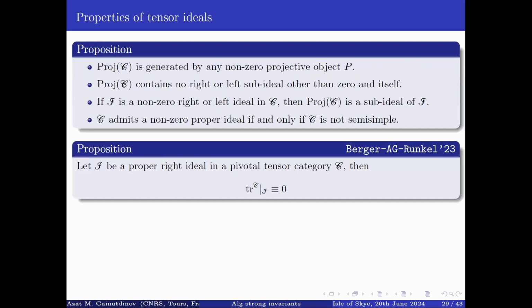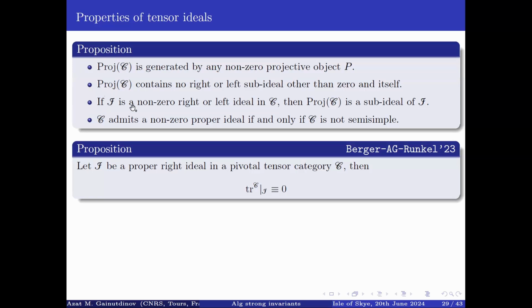Okay, so now some properties of tensor ideals. The ideal of projective objects, first of all, is generated by any non-zero projective object. And it's the most fundamental ideal. It contains no right or left subideals other than zero itself. So it's a proper simple ideal.